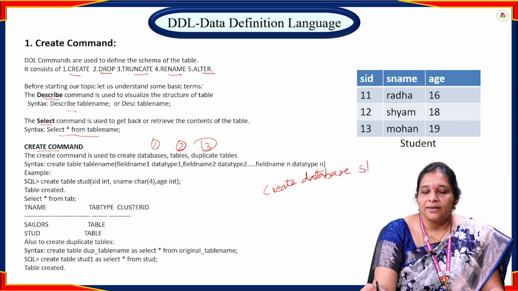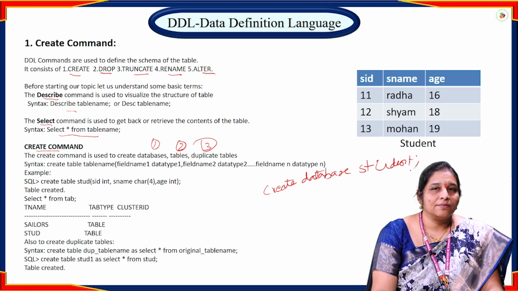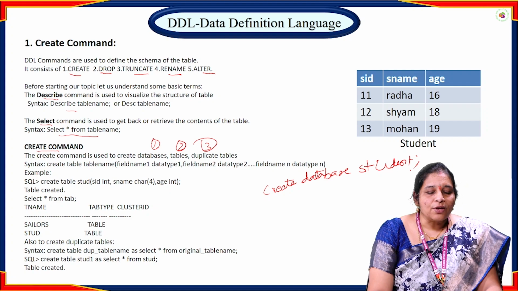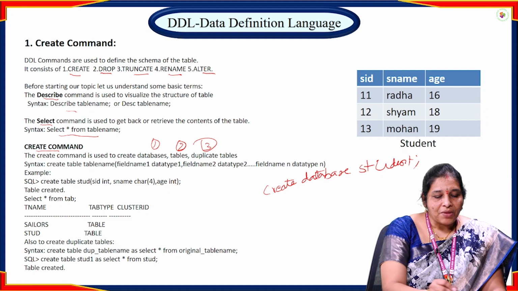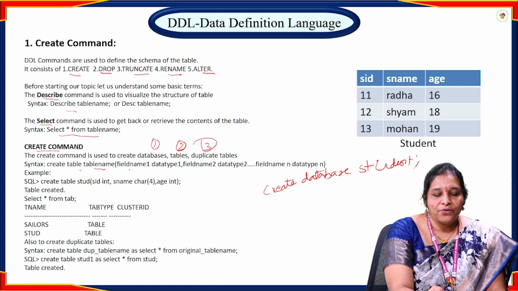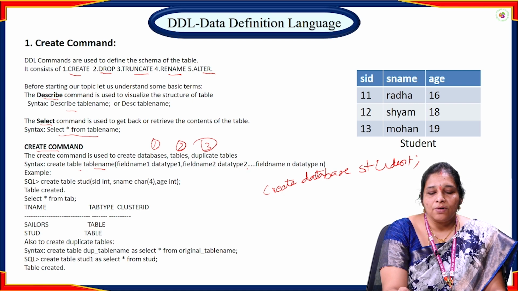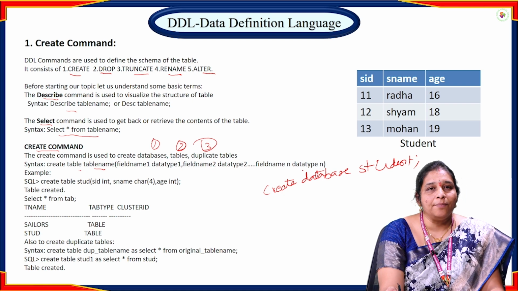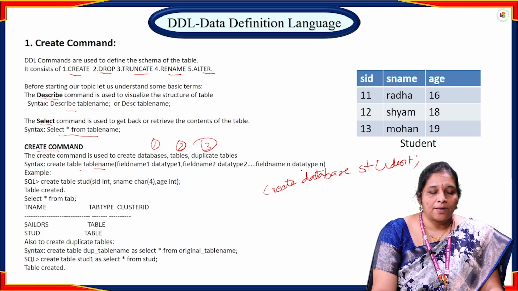Let us consider it as college. It is also used to create tables. The syntax for a table is create table, table name, followed by field name 1, data type 1, field name 2, data type 2, likewise until the last field name followed by the corresponding data type.